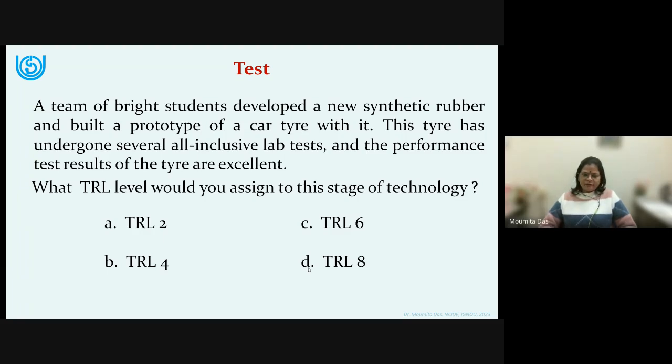What TRL level would you assign to this stage of technology? TRL 2, TRL 4, TRL 6, or TRL 8? Just think about it for a minute and then answer.